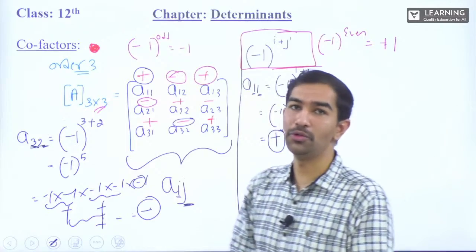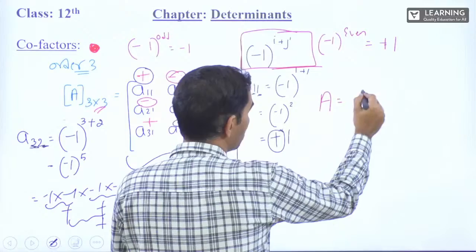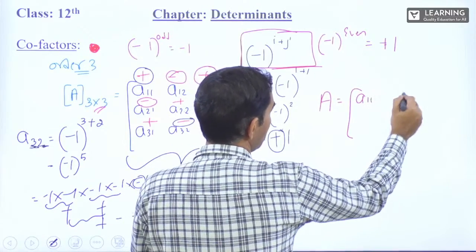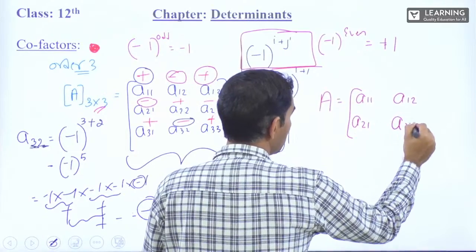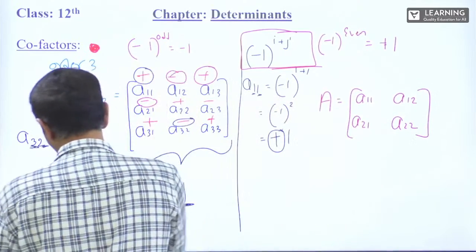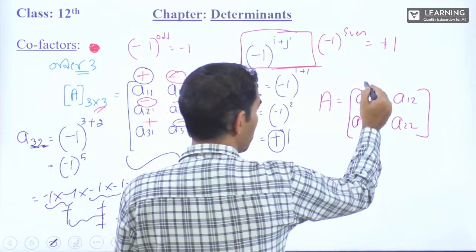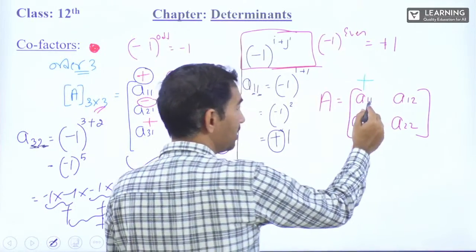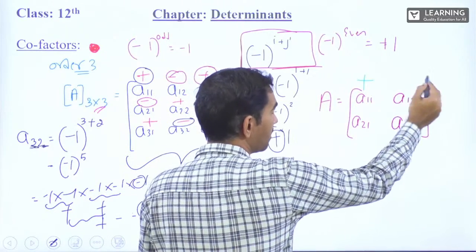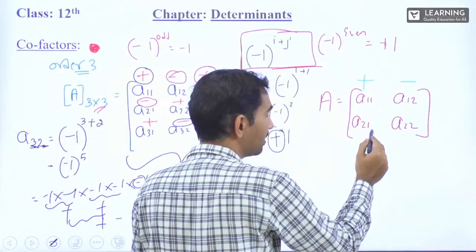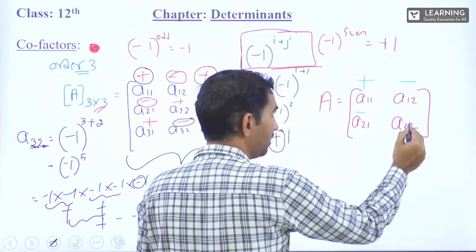Now let us see for a 2 cross 2 matrix. So 2 cross 2, what do we have? Matrix A equals A11, A12, A21, A22. So write the cofactors of this matrix, students. If you try writing: 1 plus 1 is 2, even, plus; 1 plus 2 is 3, odd, minus; 2 plus 1 is 3, again odd, so minus; 2 plus 2 is 4, even, plus.